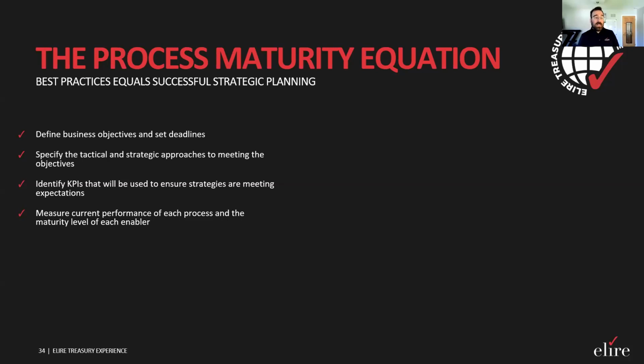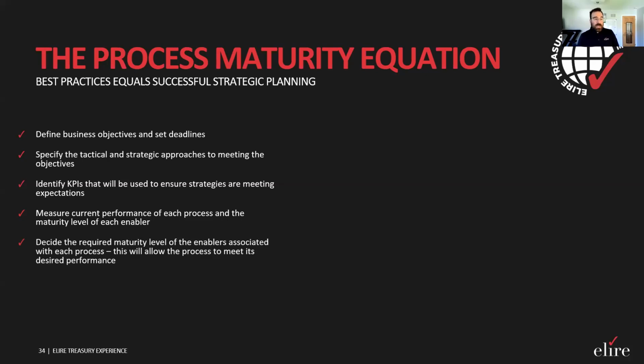Then measure your current performance for each process and the maturity level of each enabler. So with those metrics, those KPIs, figure out where you're at with your processes, and then look at each enabler and see where it falls.